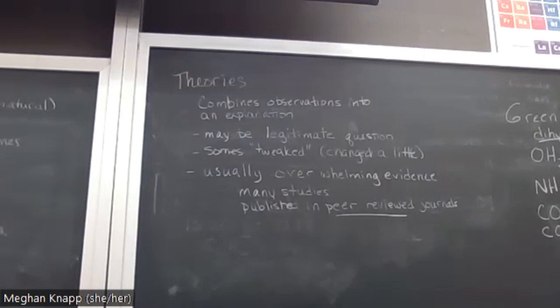Or they might say, okay, we're going to send this out to some reviewers. Now, these reviewers are going to be other people who study the same thing as me. I don't mean other people who study chemistry. If I'm doing a study on the solid state chemistry of titanium oxide, it's going to be other people who study titanium oxide. So people who know a lot about the specific field that I'm in.